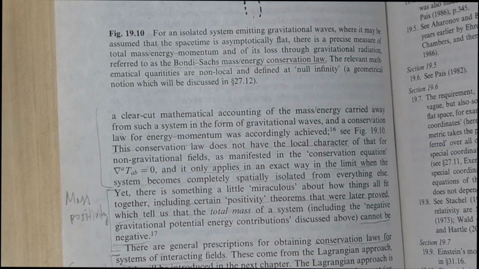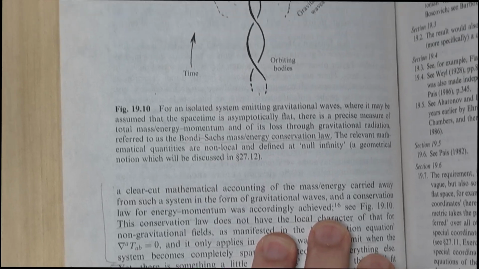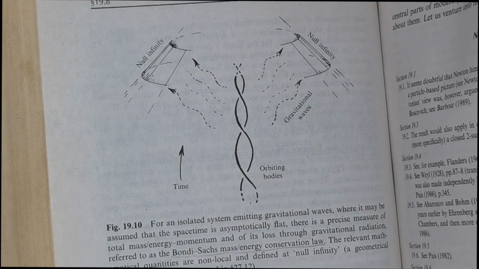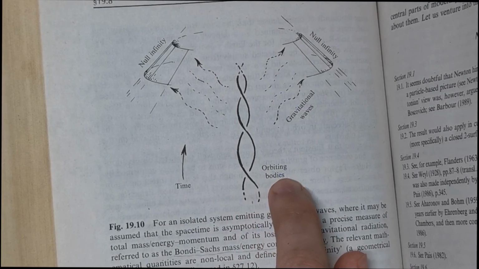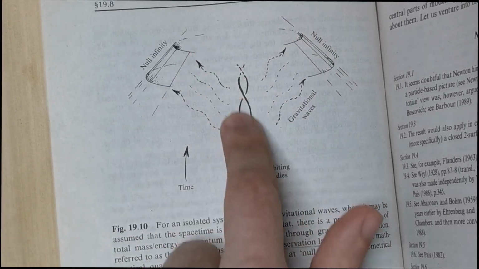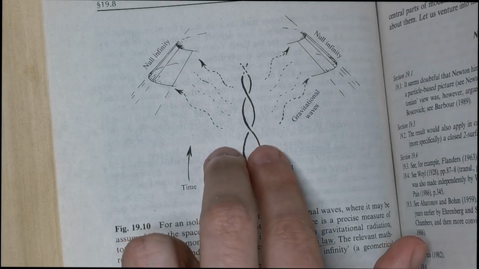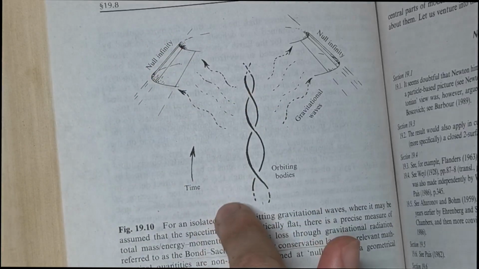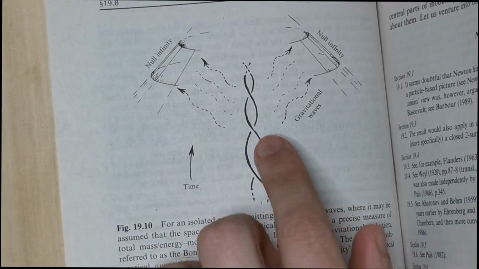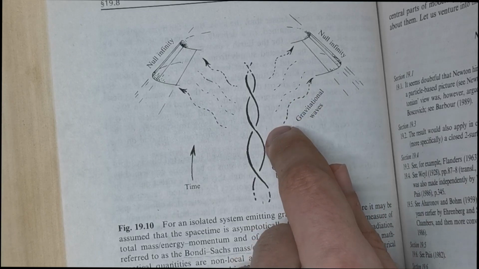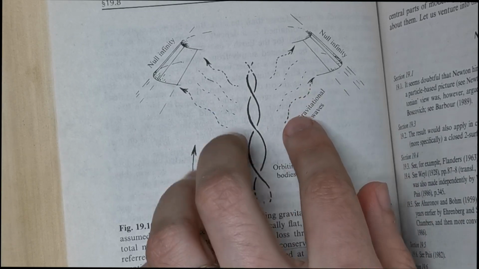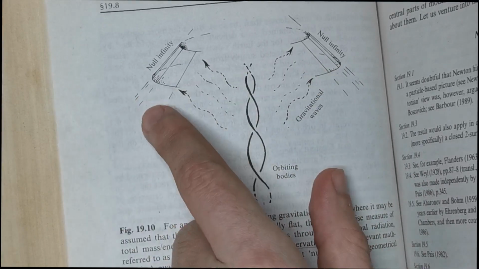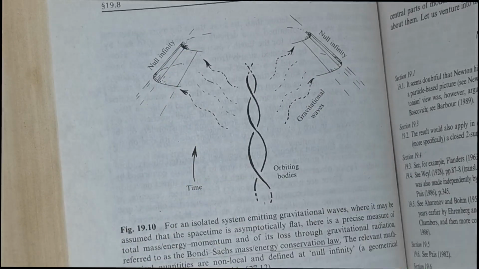And here we have a picture, and as far as I understand, we have orbiting bodies moving in space-time. So we have those helicoid trajectories over time, and time goes up here, and he shows dissipating gravitational waves, removing some energy from the system, which goes to something called null infinity.